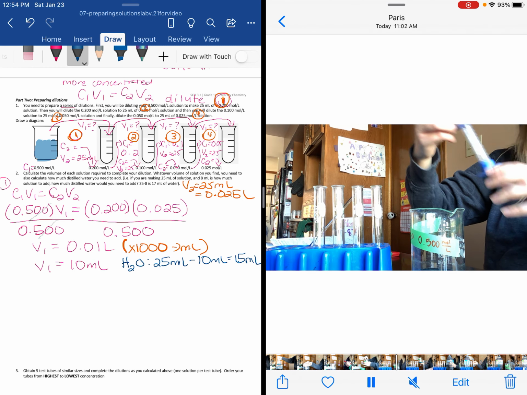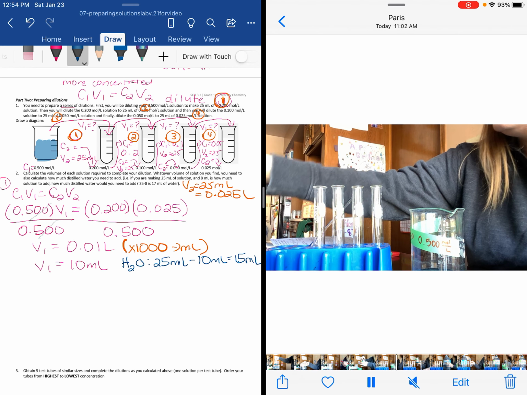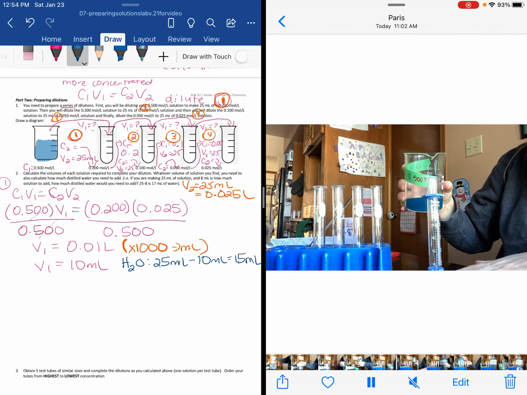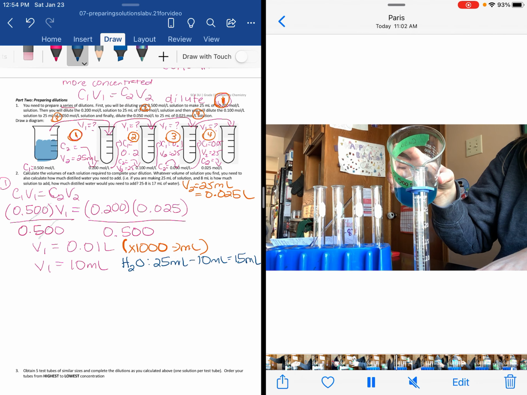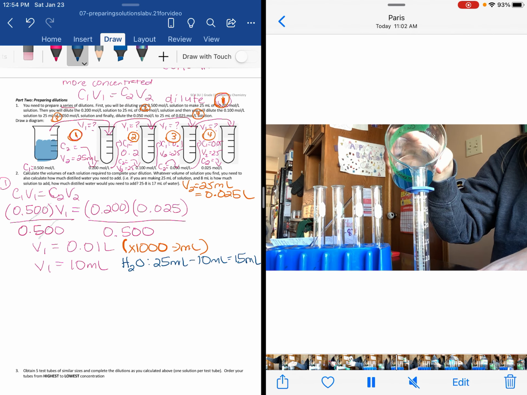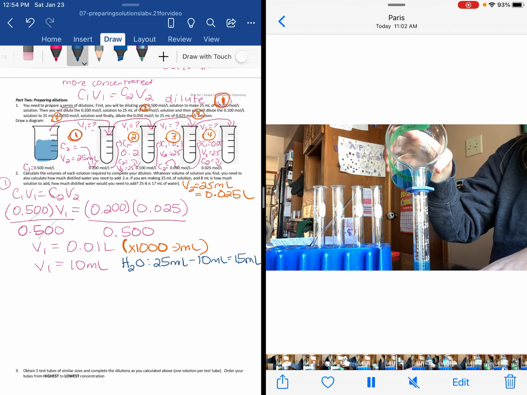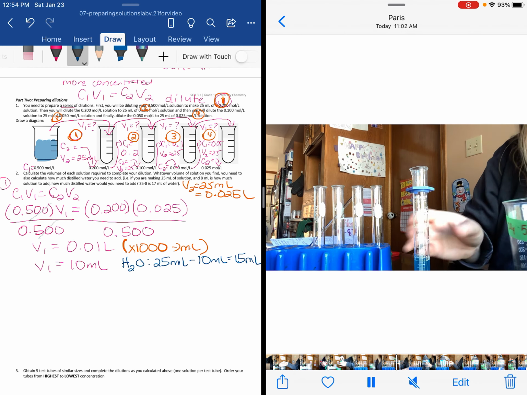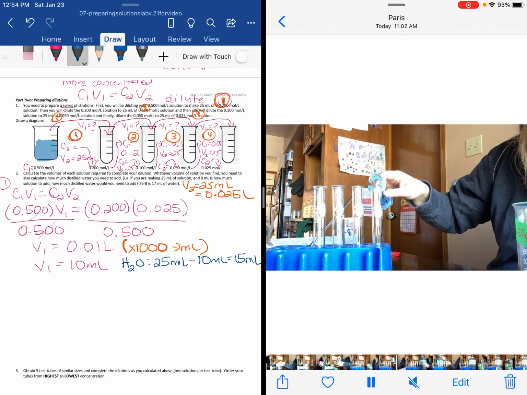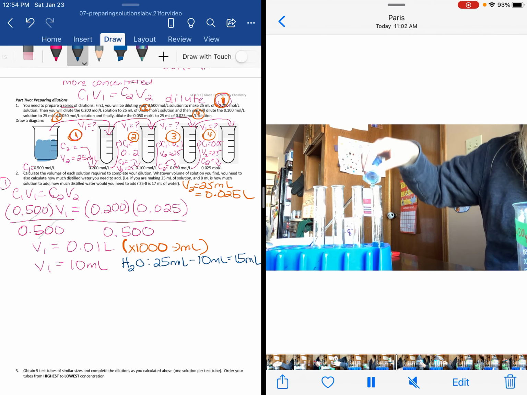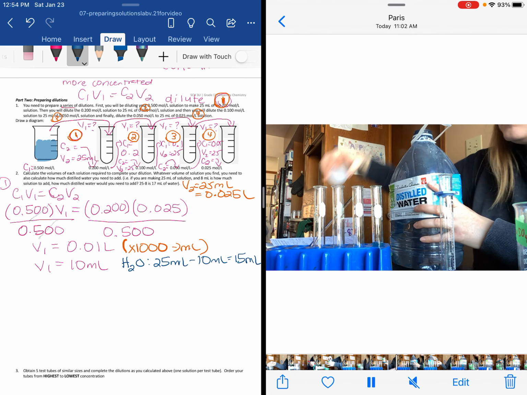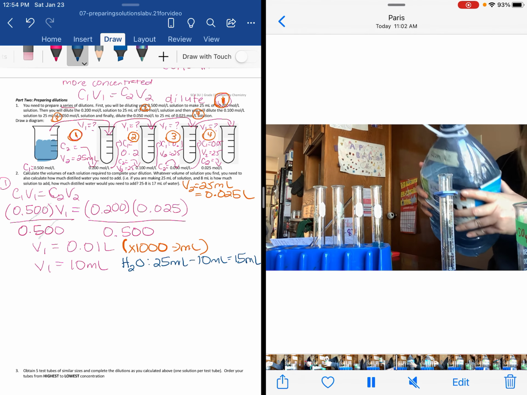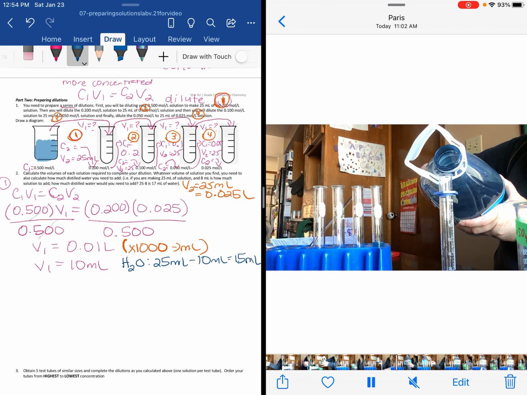Normally in class, I would encourage you to use 2 different graduated cylinders, mostly because you have 2 partners. But here I only have 1. So I'm going to do it in both the water and the solution, but normally I wouldn't do that. So we have 10 milliliters of 0.5. Put it in a test tube. And then measure out, as close as I can, 12.5 milliliters of water.